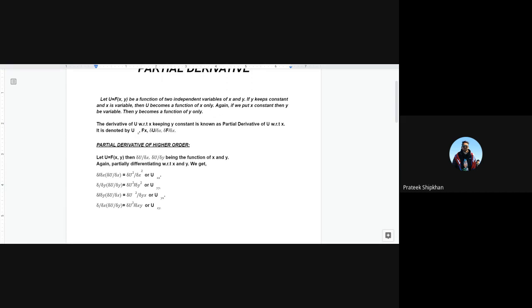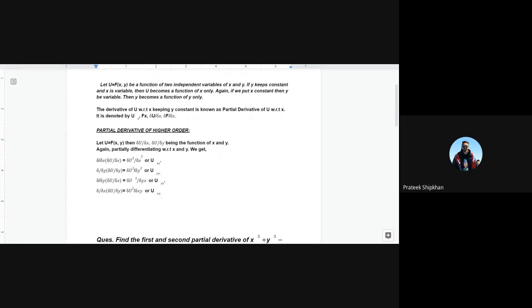So, same goes for other higher orders, which we can obtain by doing partial derivative of x and y with respect to x and y or y and x. So this is shown here.